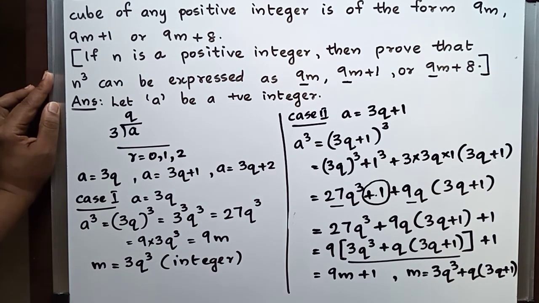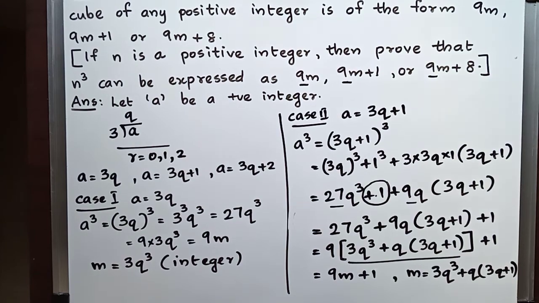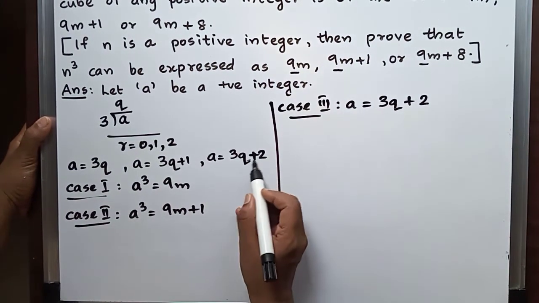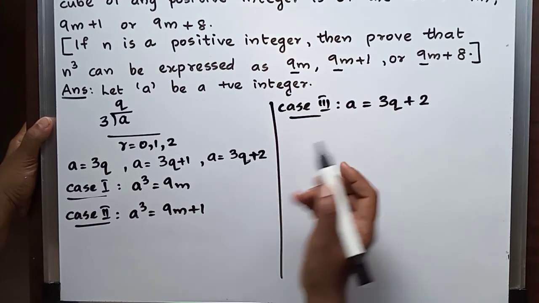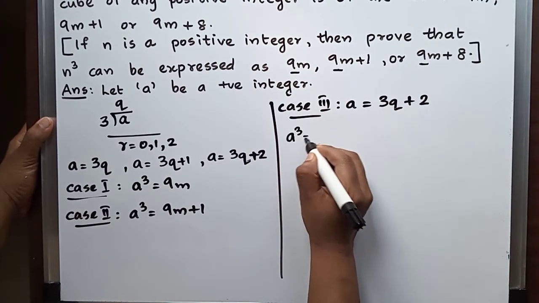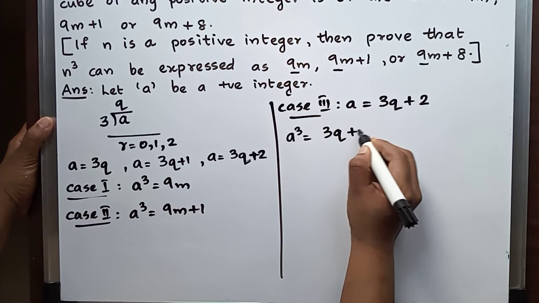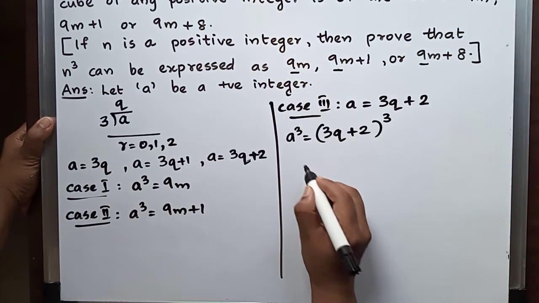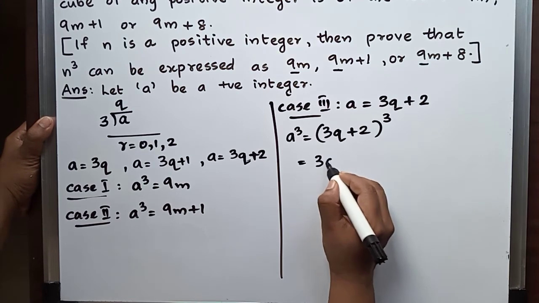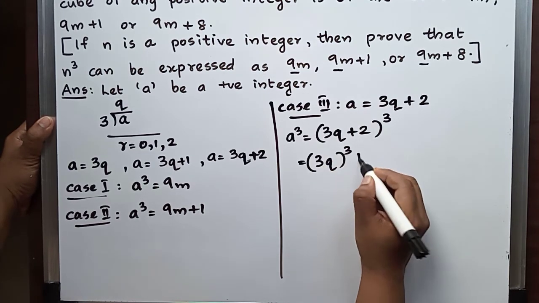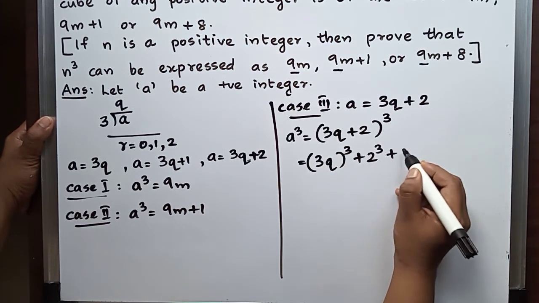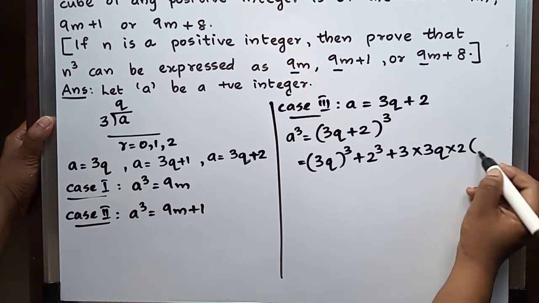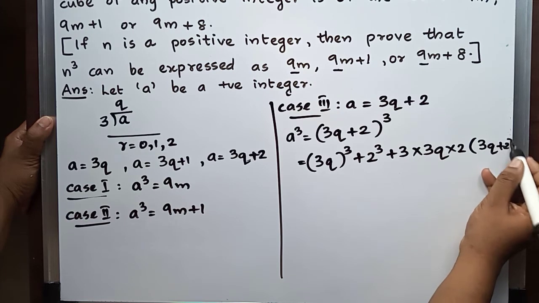Now we are going to consider the third case. In the third case, we will take a as 3q plus 2. So what is a cube? 3q plus 2 the whole cube. We will use the identity here. So 3q the whole cube plus 2 cube plus 3 into 3q into 2 into 3q plus 2.